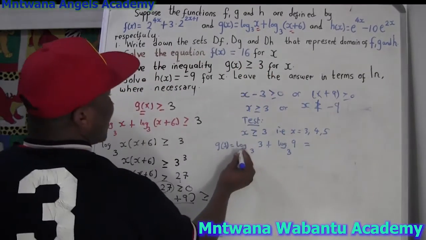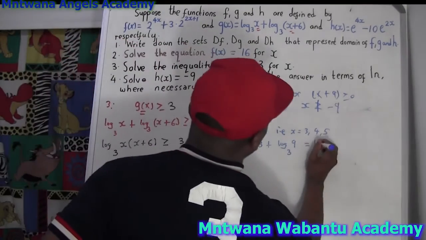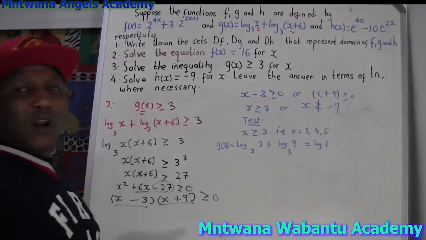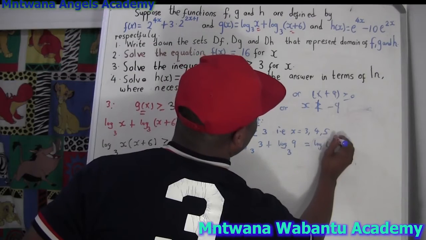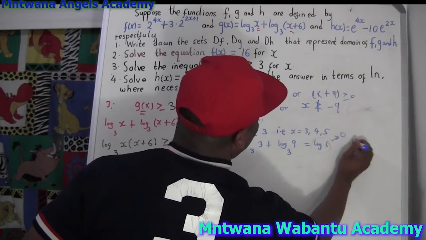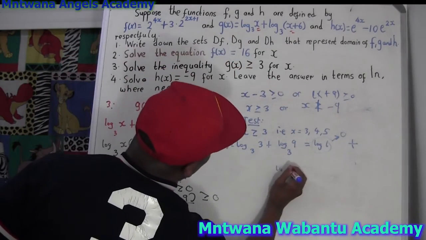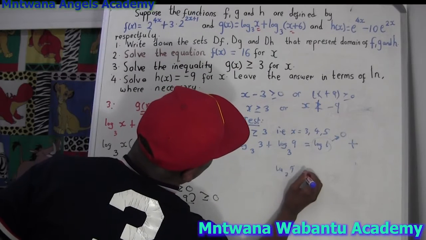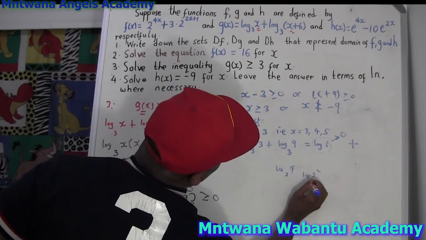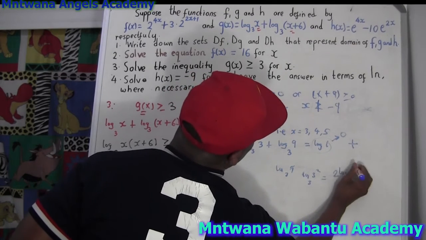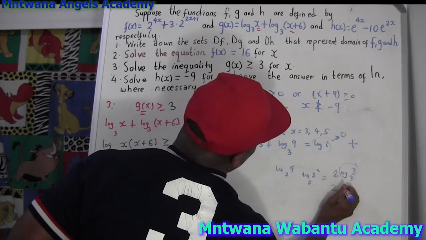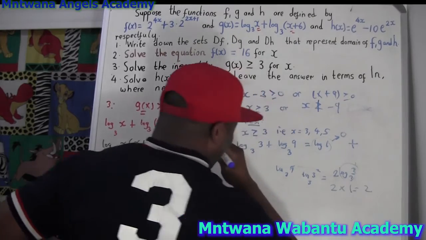Log of 3 base 3 is 1, but what is log of 1? Log of 1 equal to 0, plus 9. 9 is like log of 9 over 3. This is going to be log of 3 power 2, and this 2 is going to come back: 2 log of 3 under base 3. This equals 1, so 2 times 1 equal to 2.